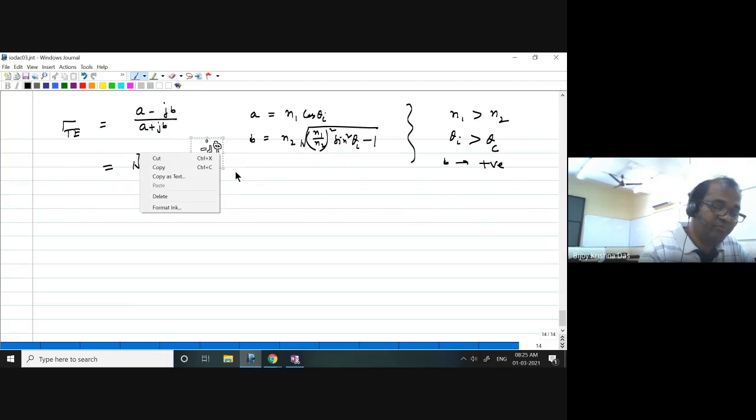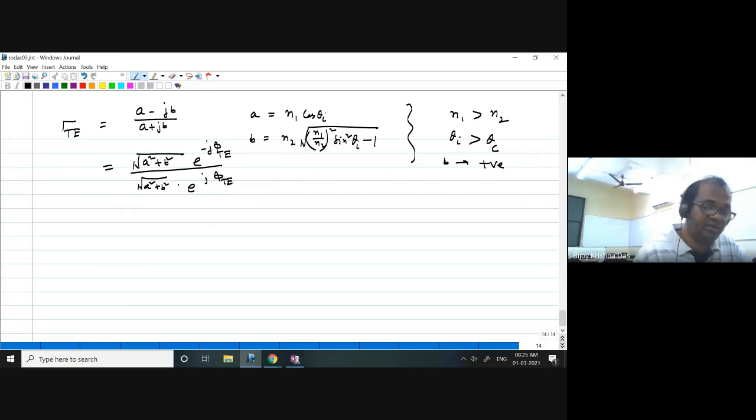That is for TE polarization, and it is divided by square root of A square plus B square times e to the power j phi TE. What is the value of phi TE? So phi TE will be actually tan inverse B by A. Is that correct?